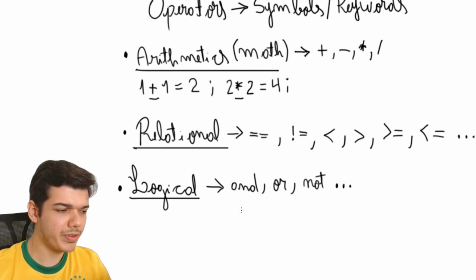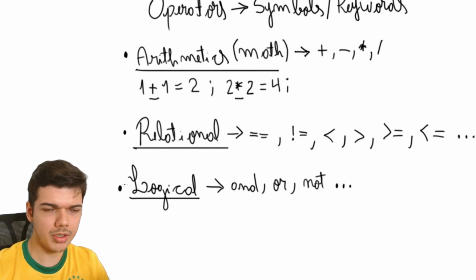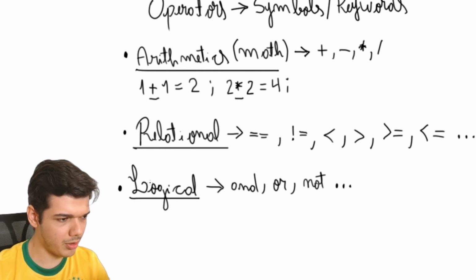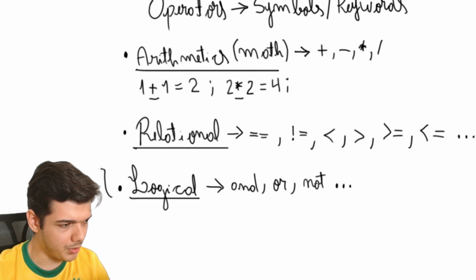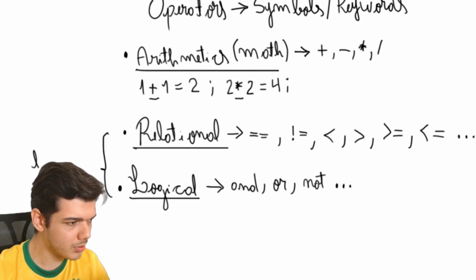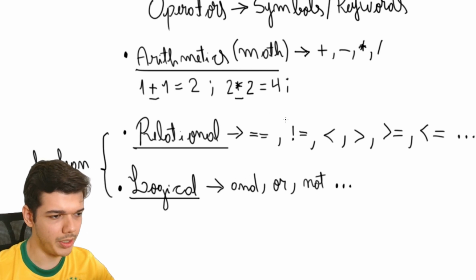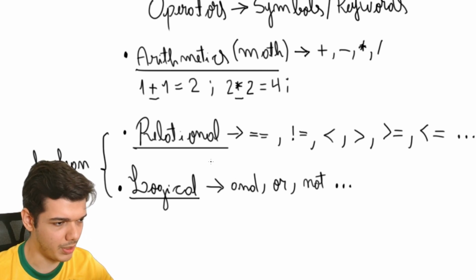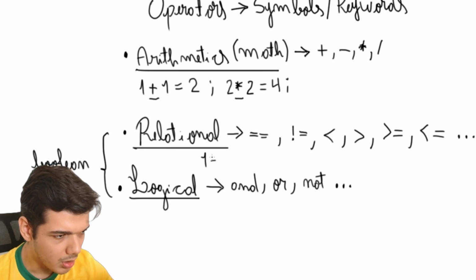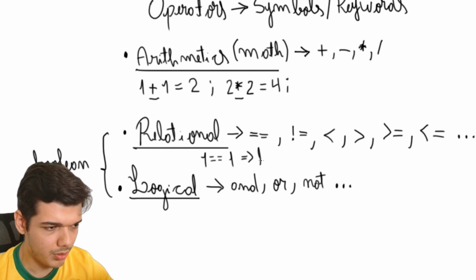One important thing is to notice that both relational and logical return Boolean values that are true or false, but they are different. The relational makes comparisons like 1 equals 1, so it's true.